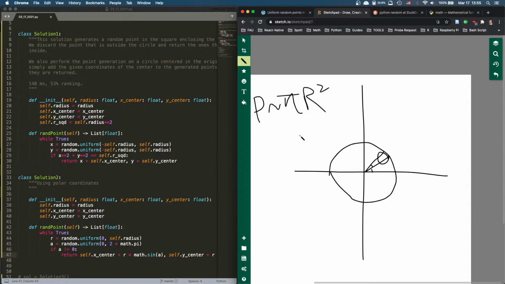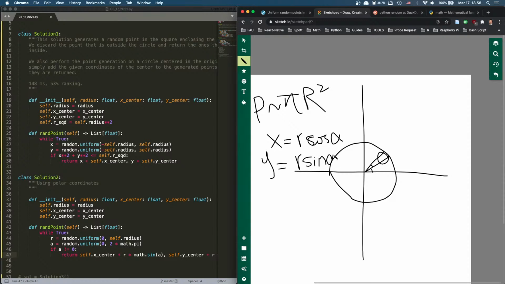And now what we have is, oh, I think what they're saying is we just use the polar coordinates to find x and y, right? Which means x and y shall also follow. So x is equal to r cosine alpha, and y equals r sine alpha, right?